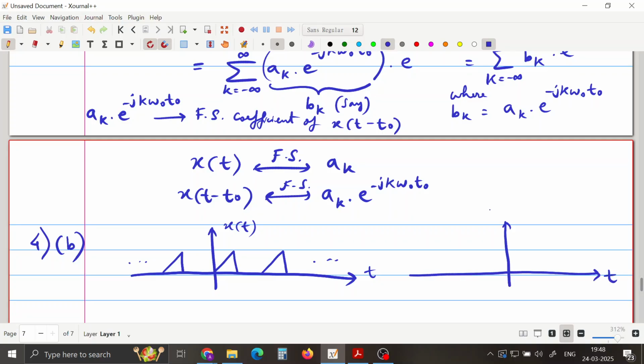It is the time reversed signal. So what you do is you flip the signal, or in other words you reflect the signal about the vertical axis. You treat this vertical axis as a mirror and you take its mirror image. You reflect the entire signal about the vertical axis. So how does it look? Let's say this is the point t equals 0. On doing that, you will have something like this.